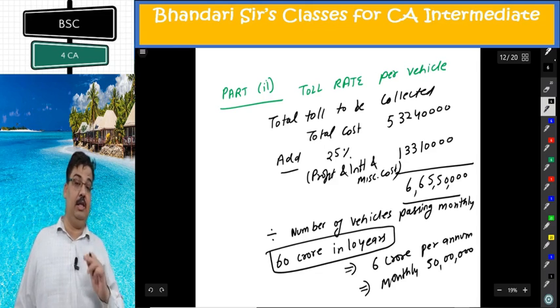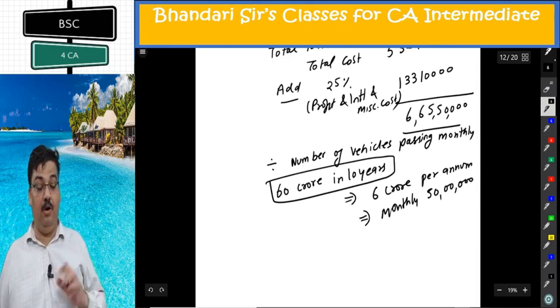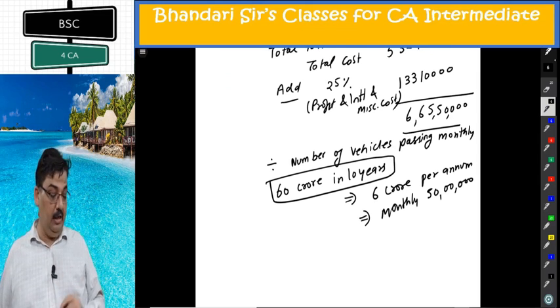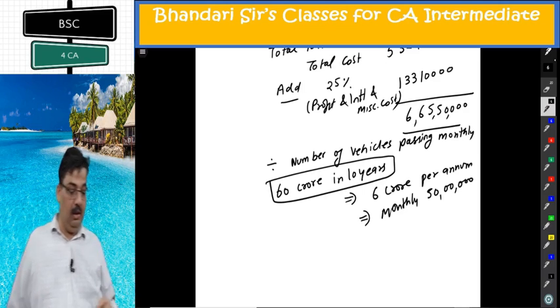It was given that 6 crore vehicles is the target for 10 years, the total project period. So every year 6 crore and monthly 50 lakh.